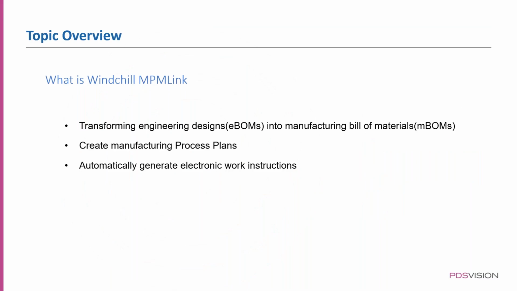So, what is Windchill MPMLink? In Windchill, we have the MPMLink module, which takes care of all the manufacturing process related data and planning. This module helps us to transform our engineering bill of material to its manufacturing bill of material, the mBOM.